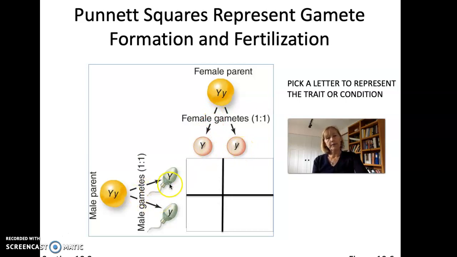For the male who's providing the sperm, again, inherited from his parent, big Y, little y, but when this divides in meiosis, we don't know which is the specific one that will fertilize the egg. So we try every combination and then speak of it in terms of probability. So we put both of these on the Punnett square. Maybe it's the big Y, maybe it's the little. Maybe it's the big Y, maybe it's the little. And then we fill in the boxes showing what all the possibilities could be.